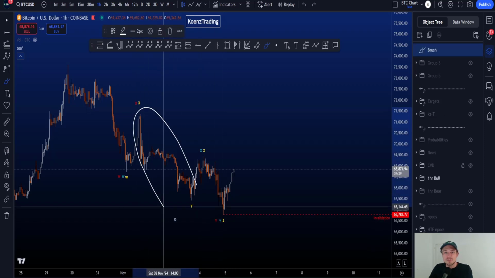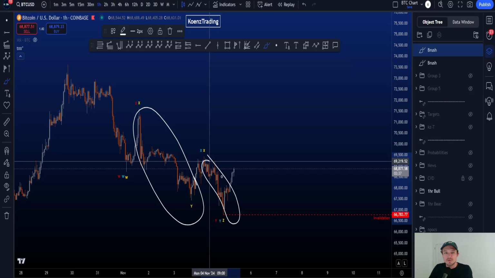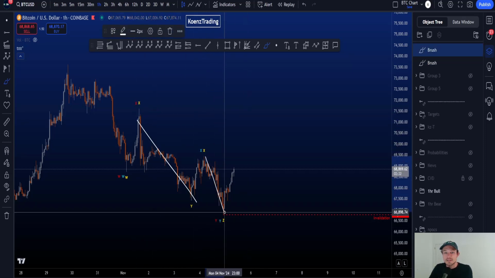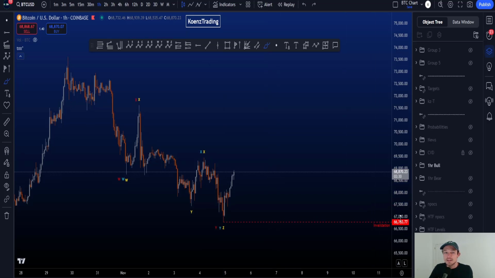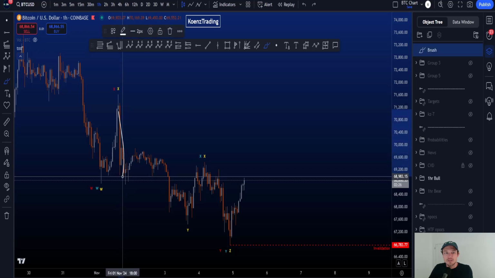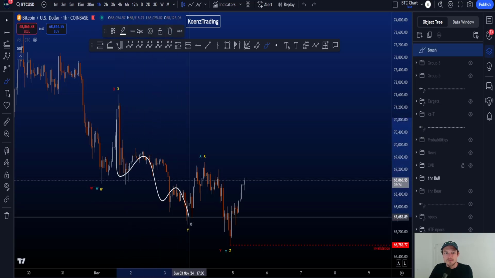However, if you go to the lower time frame counts of these moves to the downside, counting this as a single 5-wave and counting this as a single 5-wave is actually very challenging. If this is a 5-wave structure, you would need to count this as a wave 1, 2, 3, 4, 5.